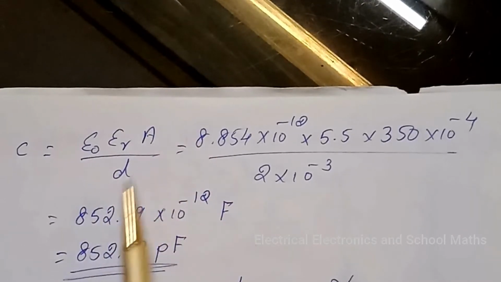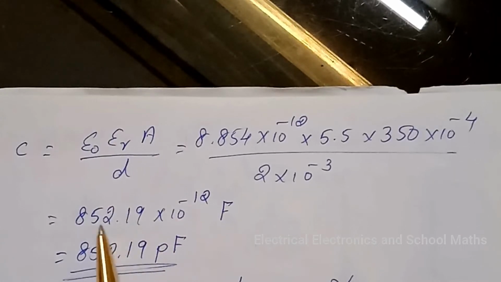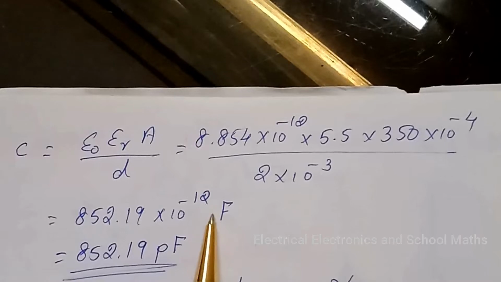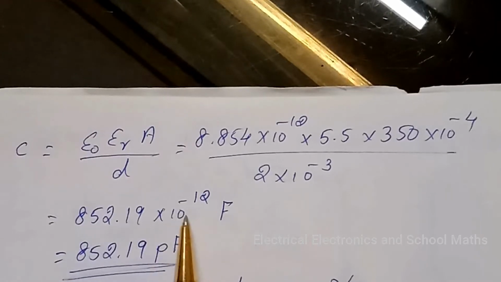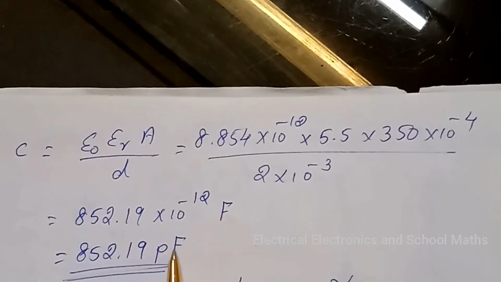After calculating we get 852.19 into 10 raised to minus 12 farad. 10 raised to minus 12 is known as pico. So we can write 852.19 picofarad.